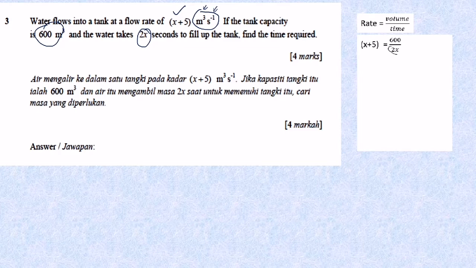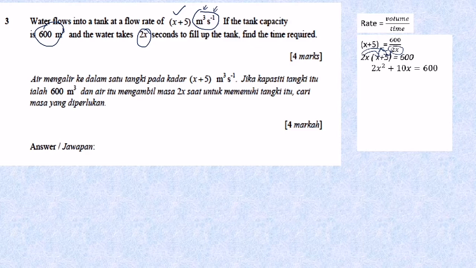And now the opposite of divide is multiply. 2s multiply s plus 5 equals 600. Now we expand the bracket. 2s times s equals 2s squared. 2s times 5 equals 10s. So 2s squared plus 10s equals 600.